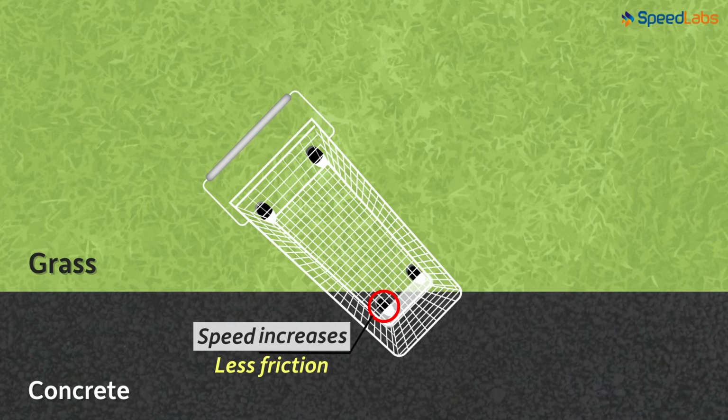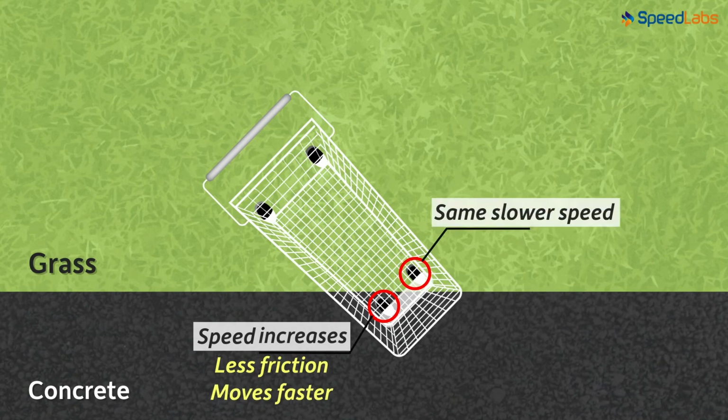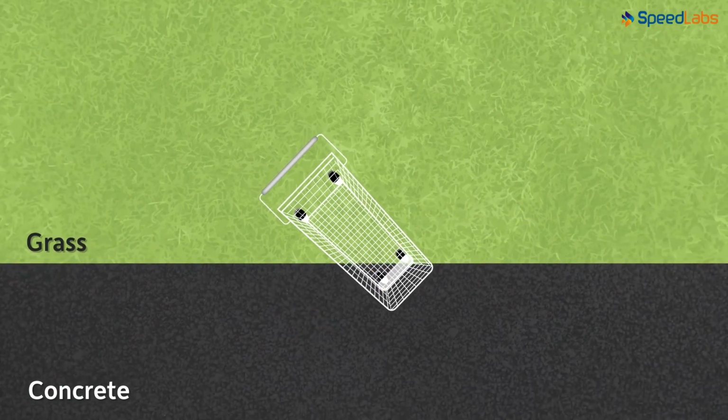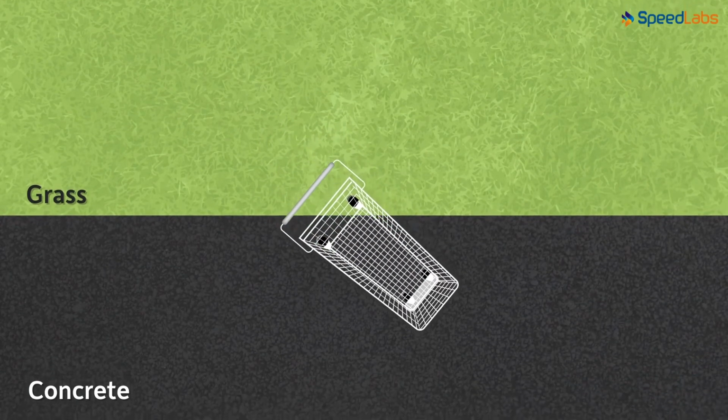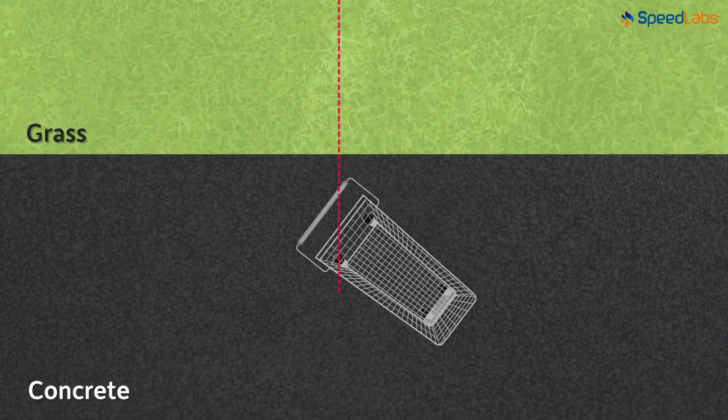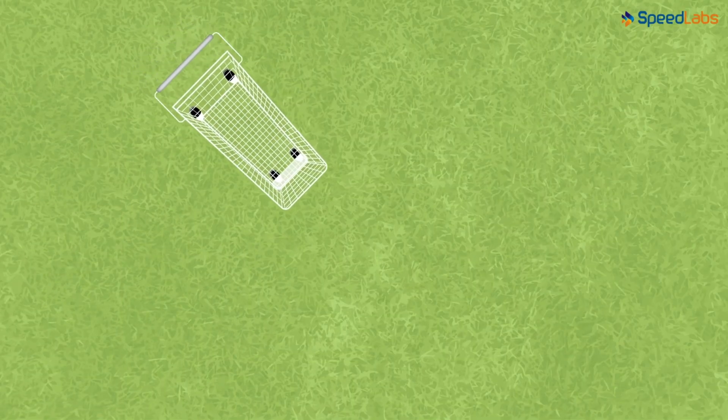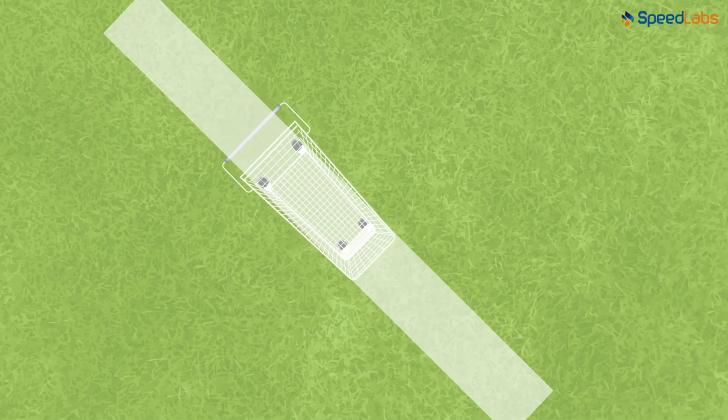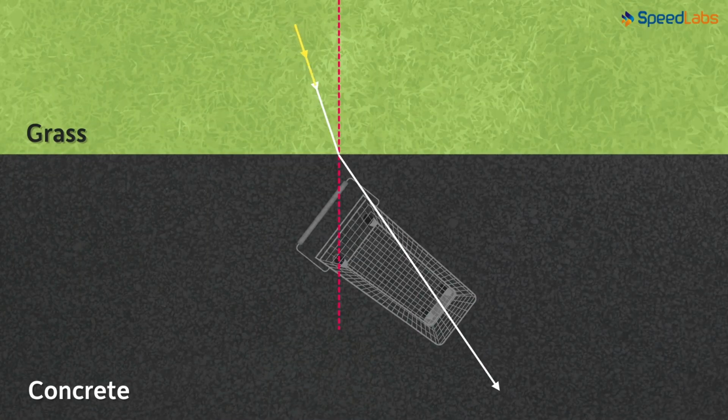So now this wheel will move with greater speed, but its adjacent companion is still on grass moving at a slower speed. So the change in their relative speeds will turn the cart towards this direction. If I draw a normal, you can clearly see that it's moving away from the normal in this case. If the surfaces were the same, it would have moved in this direction, but as they are different, the direction as well as the speed of the cart changes.